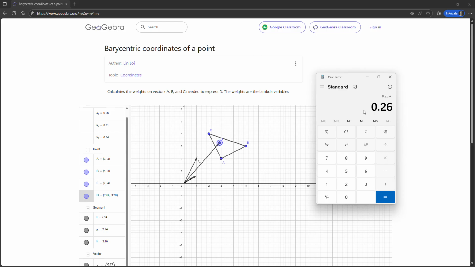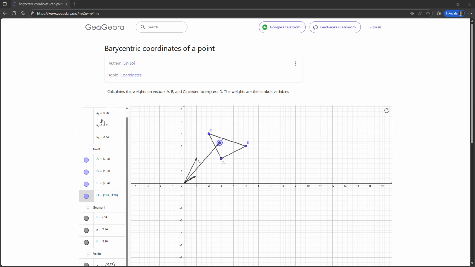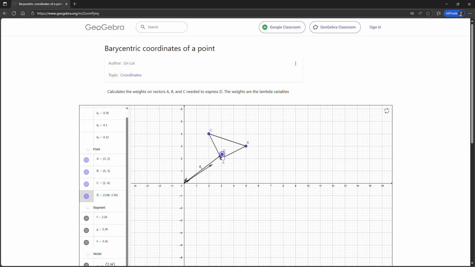So 0.26 plus 0.21 plus 0.54. They all have to add up to 1. And we saw this when we went to the vertices. Adds up to 1. Now, remember, these values are relative. They are relative to the vertex of the triangle.